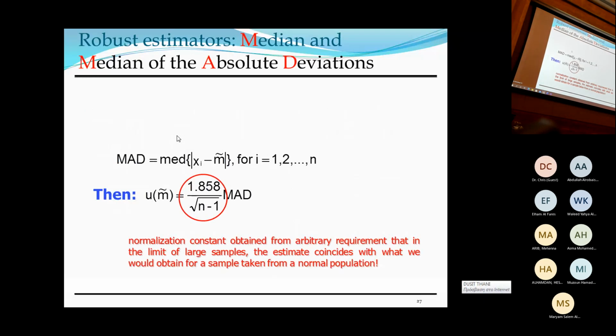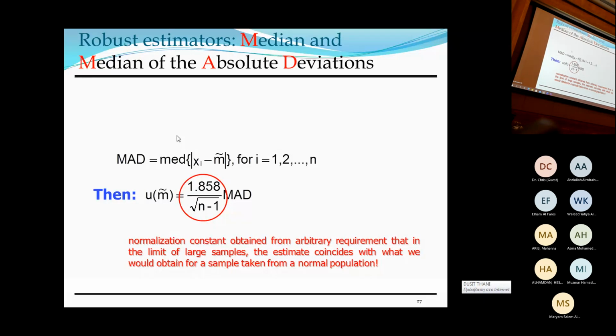Okay, so if you have the median as the estimator of the assigned or reference value, then what's its uncertainty? Well, its uncertainty is given by 1.858 over the square root of n minus 1 times the MAD. So what's the MAD? It's the median of the differences of all of the measurements minus the median.